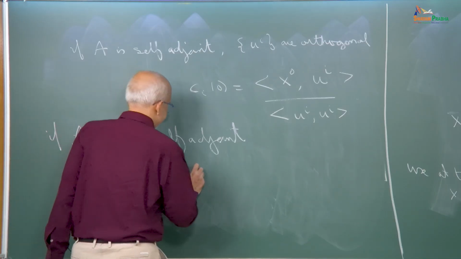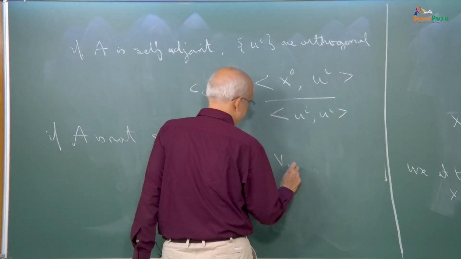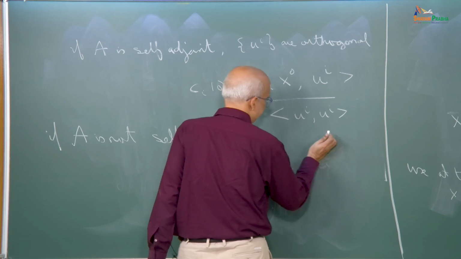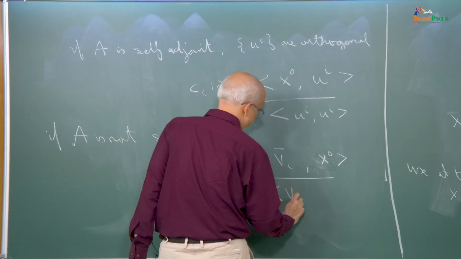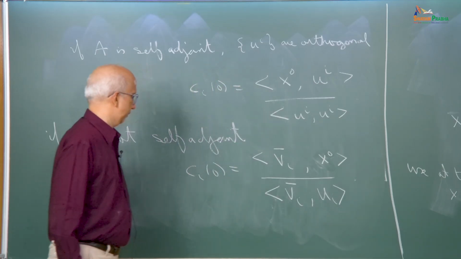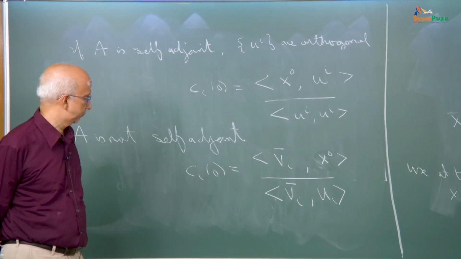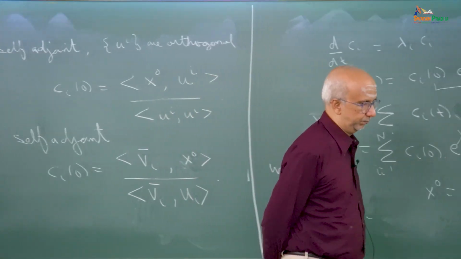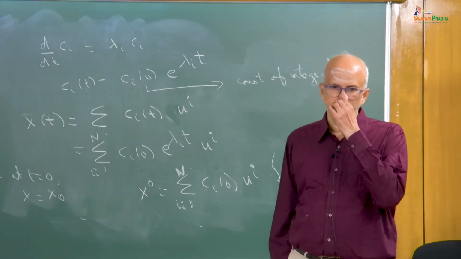You will find Ci(0) is inner product of vi bar with x naught divided by inner product of vi bar with ui. Okay. So, this is basically what you have.